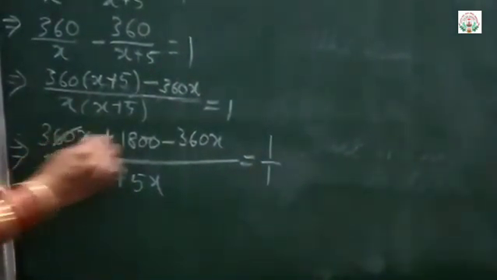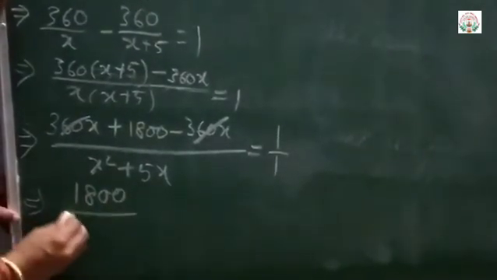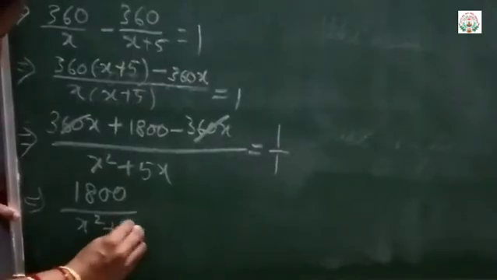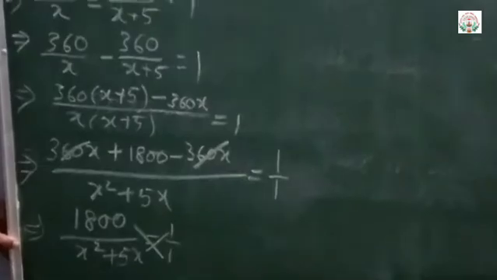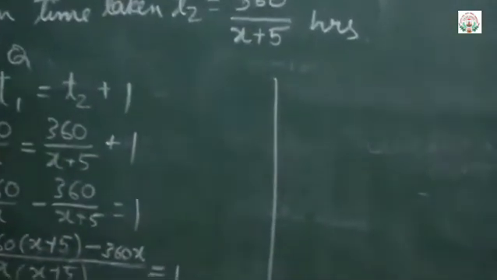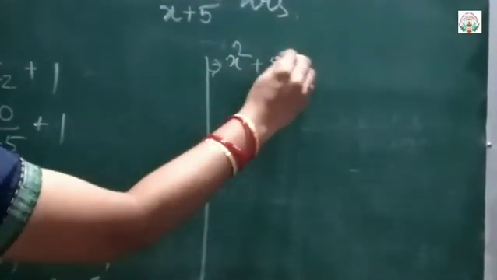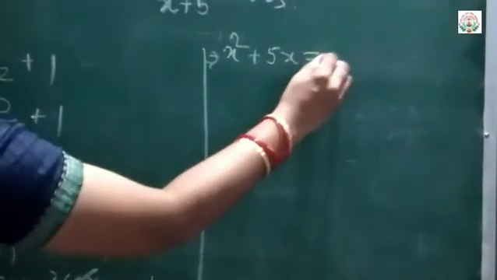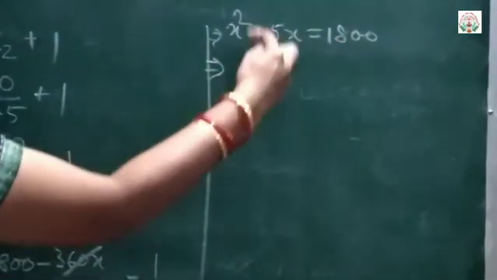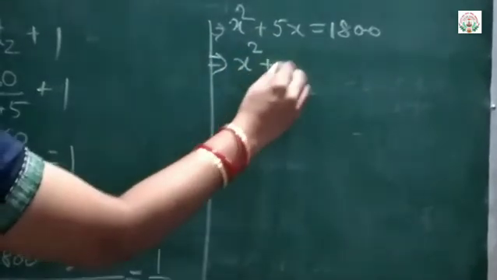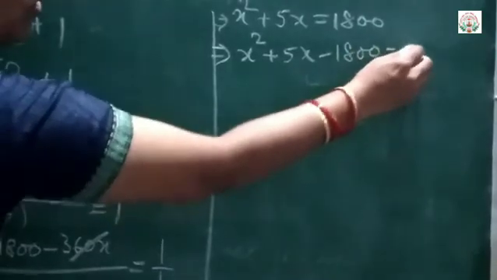Now 360x cancels, so the numerator will be 1800 upon x square plus 5x equals 1 upon 1. Cross multiplication, what will you get? x square plus 5x equals 1800. Bring that to this side: x square plus 5x minus 1800 equals 0.